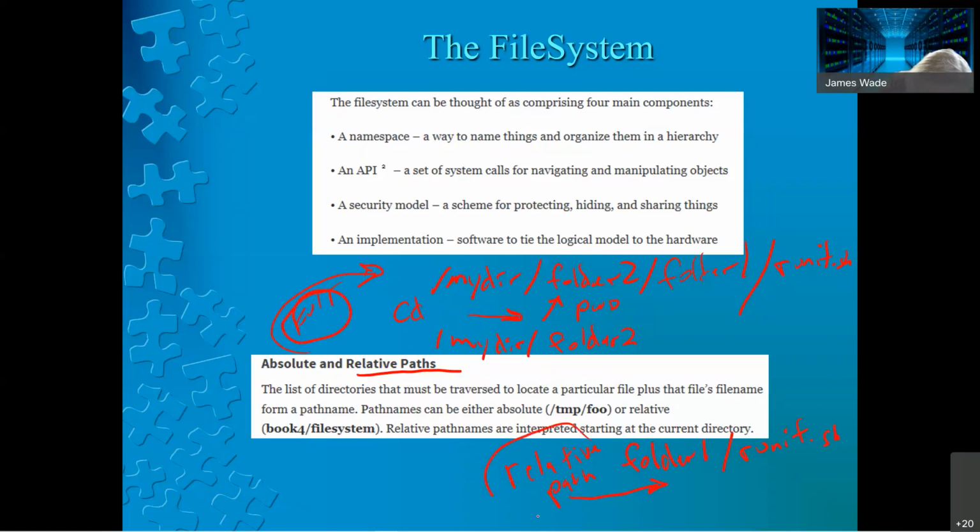This is the relative path because I'm located here. So notice that the absolute path has the full path. The relative path depends on where you're located. You'll notice there's no slash in front of this because I'm in some directory that has book 4 in it.